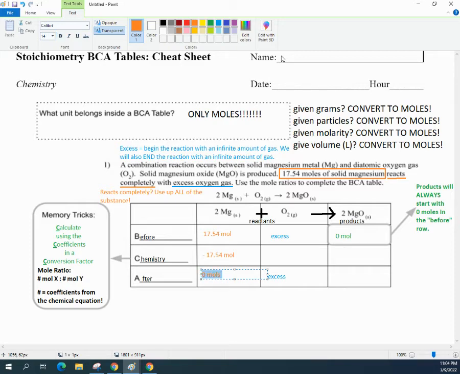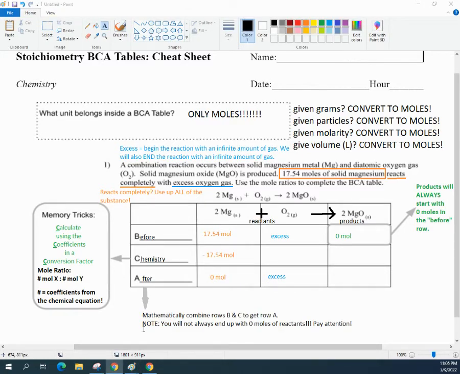So the cool thing about this is that we are just mathematically combining rows B and C to figure out A. As long as we're able to fill out rows B and C, row A is simple subtraction or addition problems.